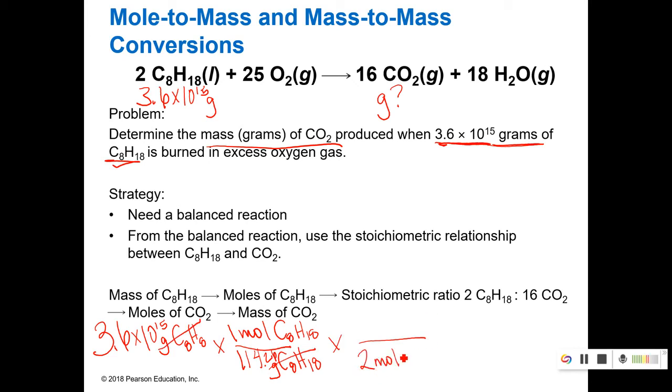I have 2 moles of octane up in my equation to 16 moles carbon dioxide, and then in 1 mole of CO2, cross out my units, I have 44.01 grams CO2, cross out my moles. Okay, this is going to be a larger number because we're starting with a larger number, and that's okay. It just needs to make sense.